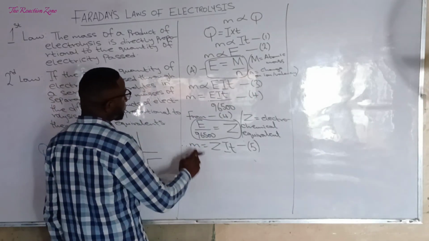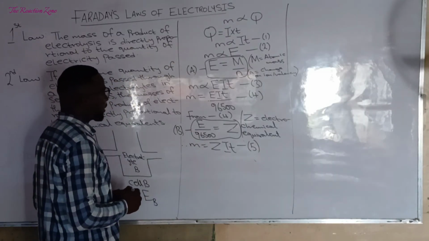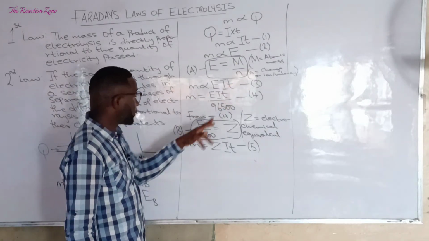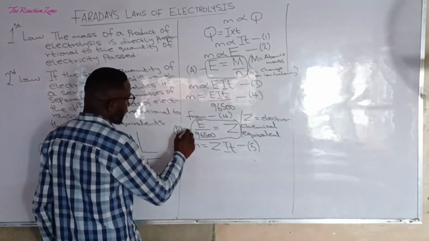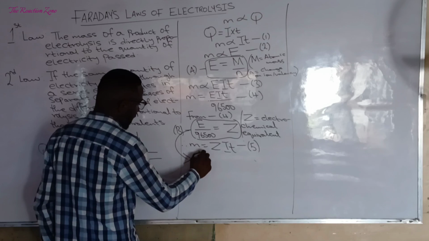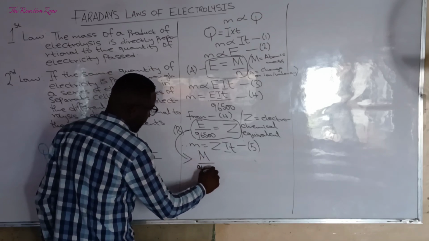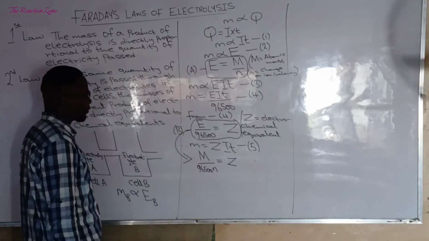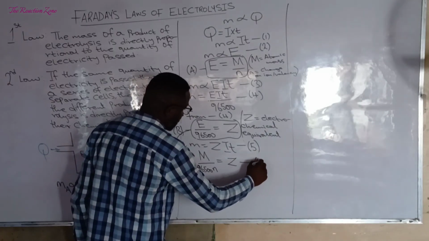So, in this particular expression here, I call it equation B, I can decide to replace E with M over N. So, if I do, this equation will become M over 96,500N is equal to Z. So you can call this here equation 6.